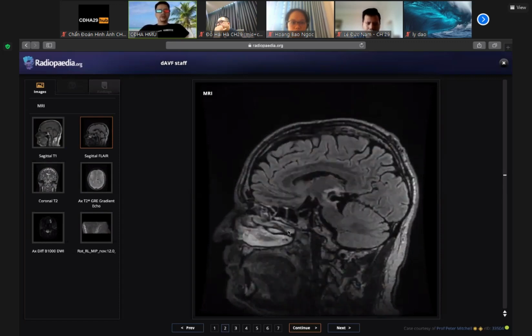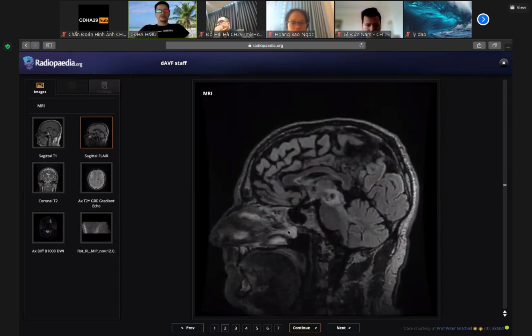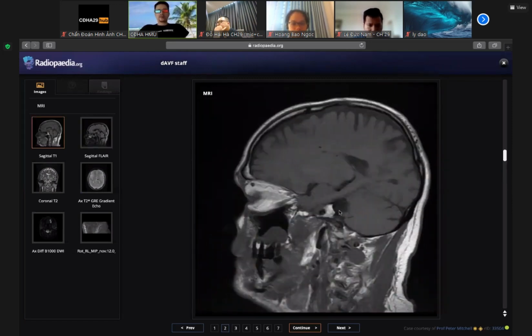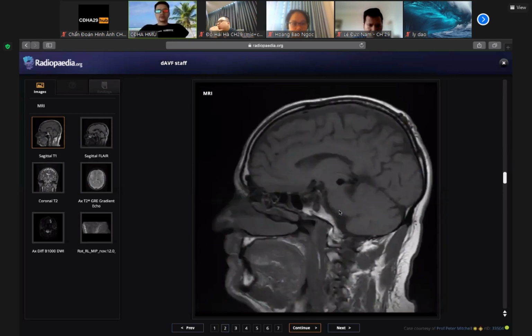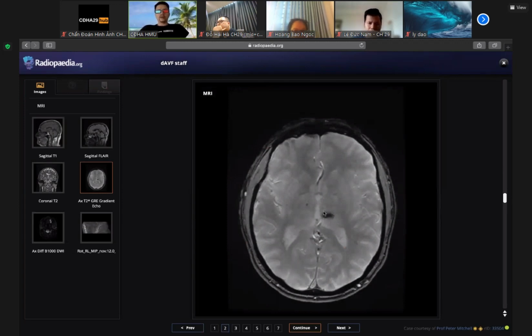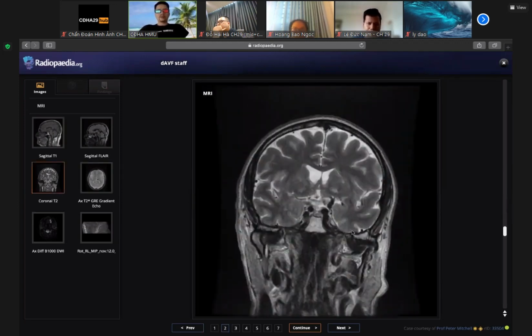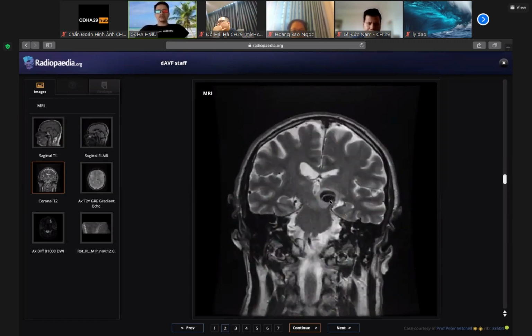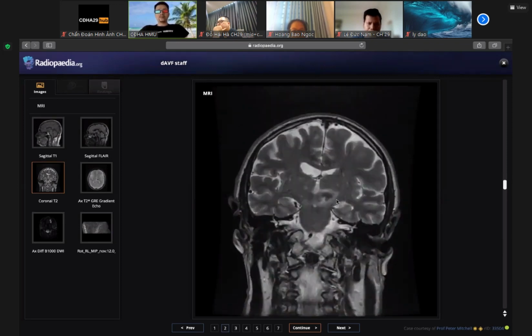In this case, we have a 71-year-old patient, and on the non-contrast sequences we can see a small hemorrhage in the left thalamus, located next to a dilated vessel at the inferior aspect of the hemorrhage.